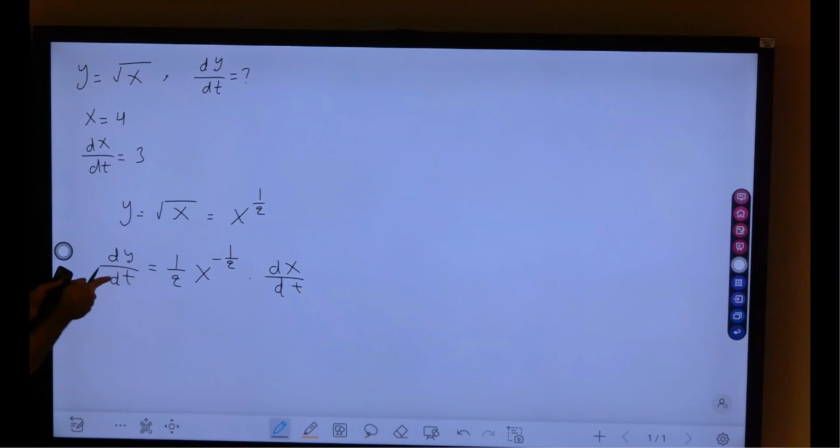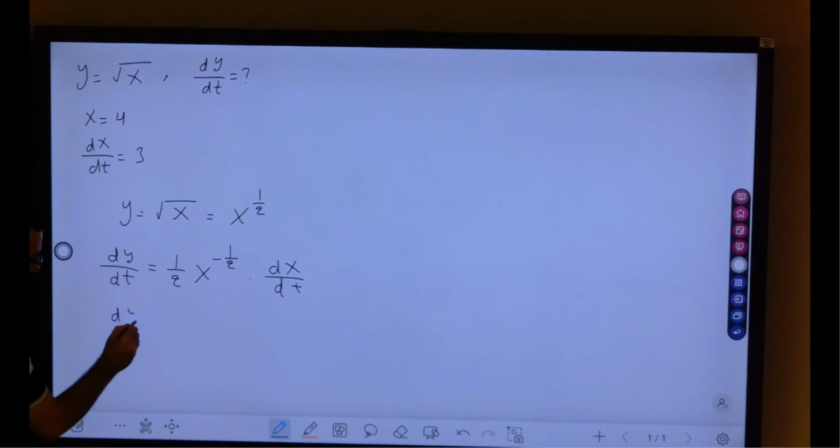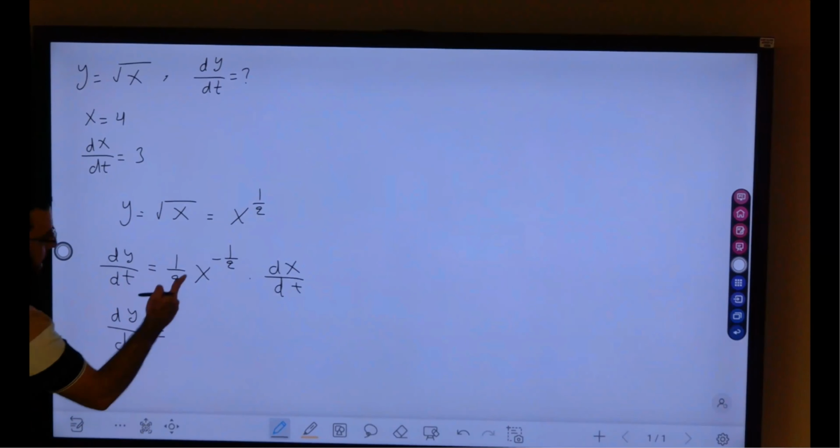Okay, so dy over dt equal 1/2 x to the negative 1/2 times dx over dt. Now we have x, we have dx over dt here, then I find dy over dt. So dy over dt, you can say, I can write this as 1/2 square root of x times dx with respect to t.